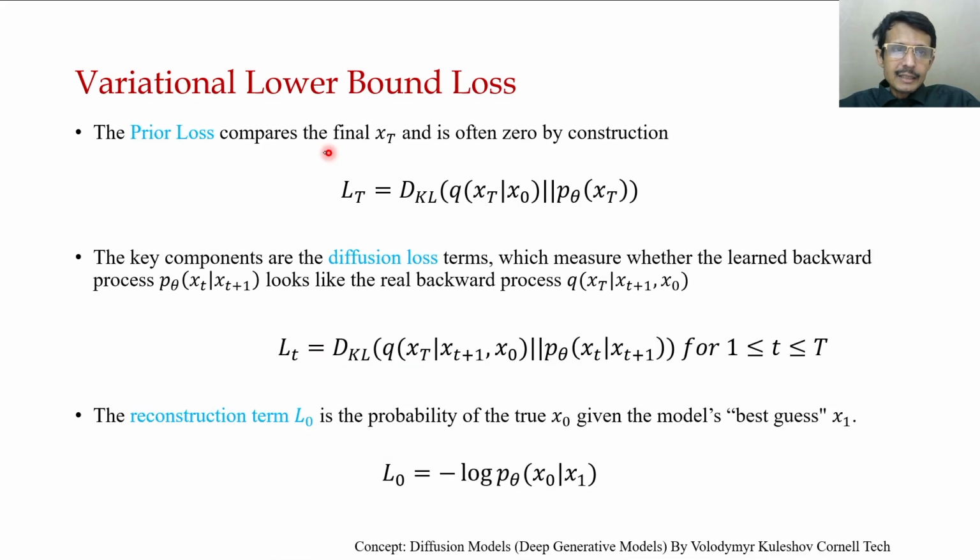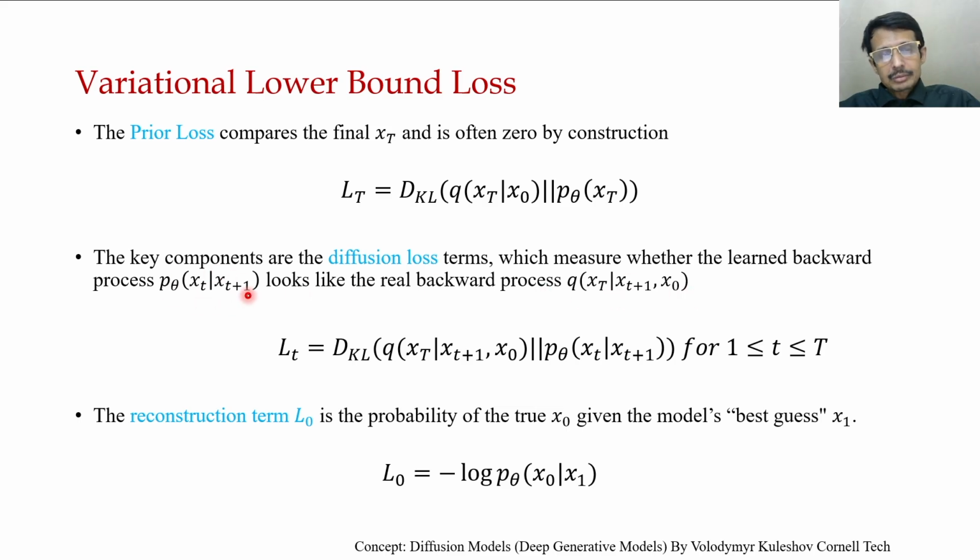Now we can say this prior loss compares the final xT and is often 0 by construction. The key components of the diffusion loss are the terms which measure whether the learned backward process, p theta, looks like the real backward process.